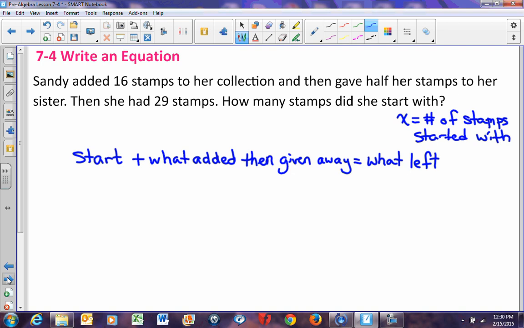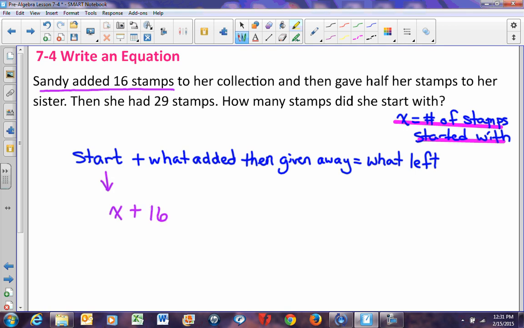Actually, what she started with, we don't know. Sorry, I almost messed that up, because what she started with is what we're looking for. So let's set x as what she started with, so start is going to be x. Then she added 16 stamps to her collection.